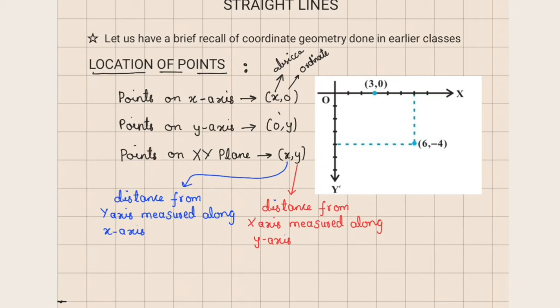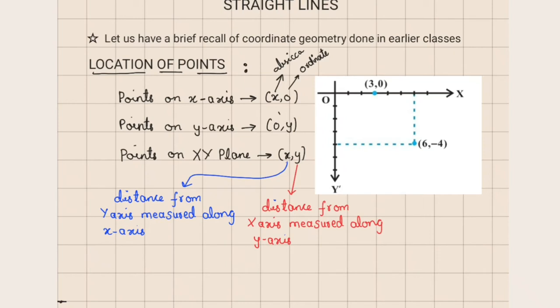Similarly, any point on y-axis is denoted as some 0 comma y, where its abscissa is 0 and its ordinate will be some constant depending upon the point.